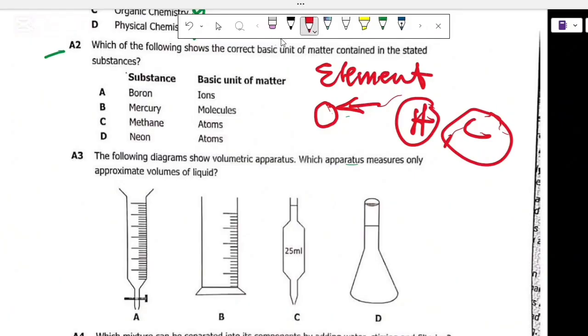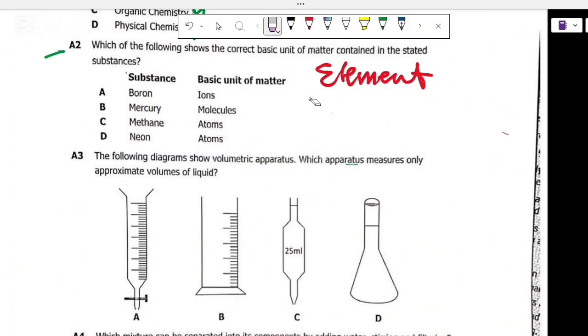Now, I think the best example we'll be using is oxygen. I think oxygen is quite common. So this is oxygen. This is the symbol for oxygen. Now, I want you to understand that this oxygen can be written as an atom. But before we do that, you have to understand one thing, because after we've explained this, it will be easier for you to answer this question and also some other related questions on the topic, especially on the basic units of matter.